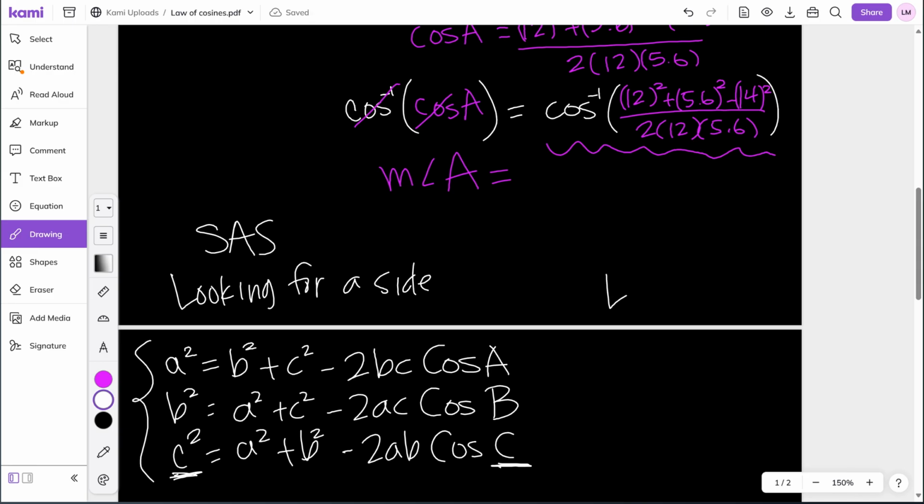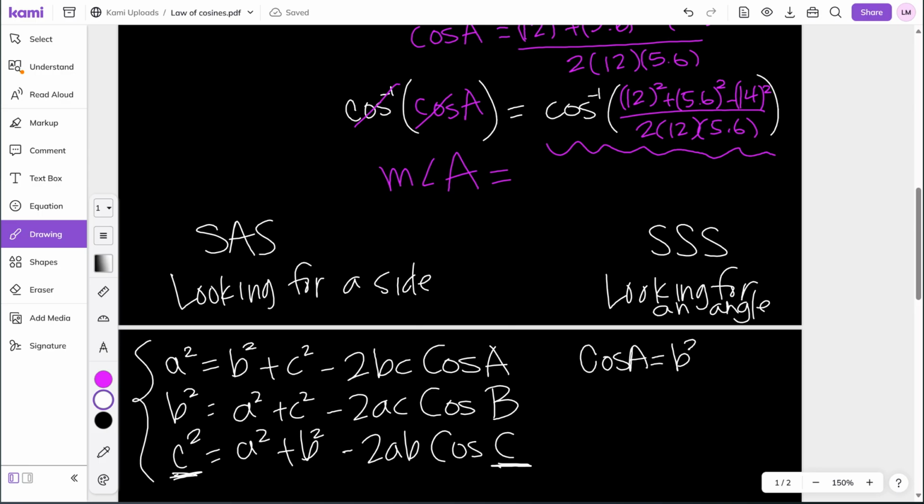All right, what if I'm looking for an angle? So this is when I'm given side, side, side. We don't have to solve that formula every time, okay? We'll just use the formula. So it was cosine A is equal to b squared plus c squared minus a squared over 2bc.